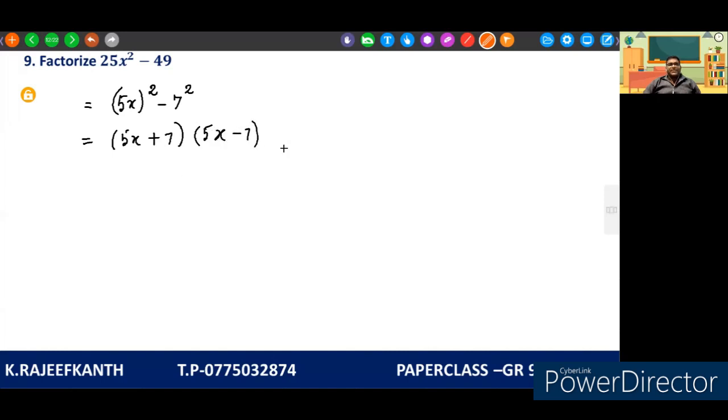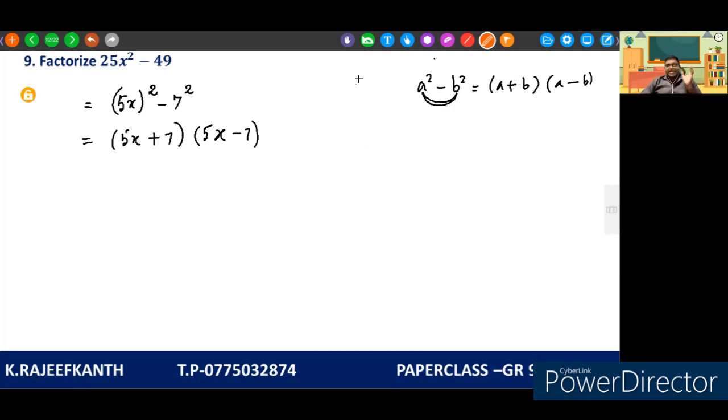Because we have already learned, if it is a squared minus b squared, the factors of a squared minus b squared is a plus b into a minus b. Here, if it is a squared minus b squared, first we have to add these two terms, a plus b. Then we have to subtract these two terms, a minus b.